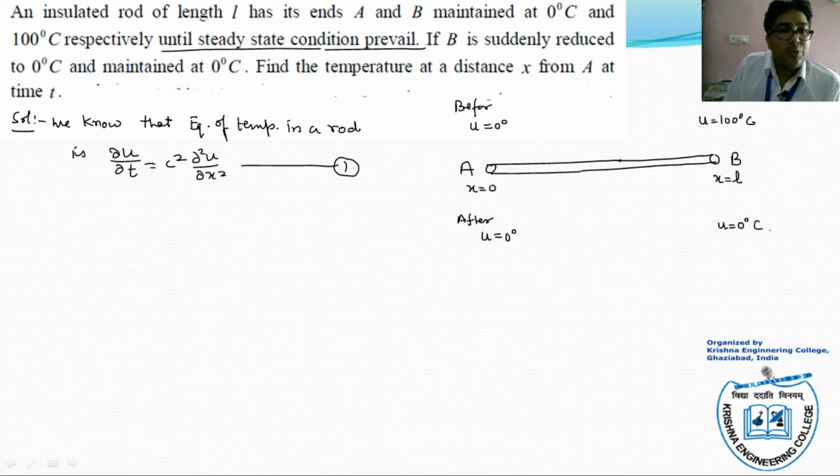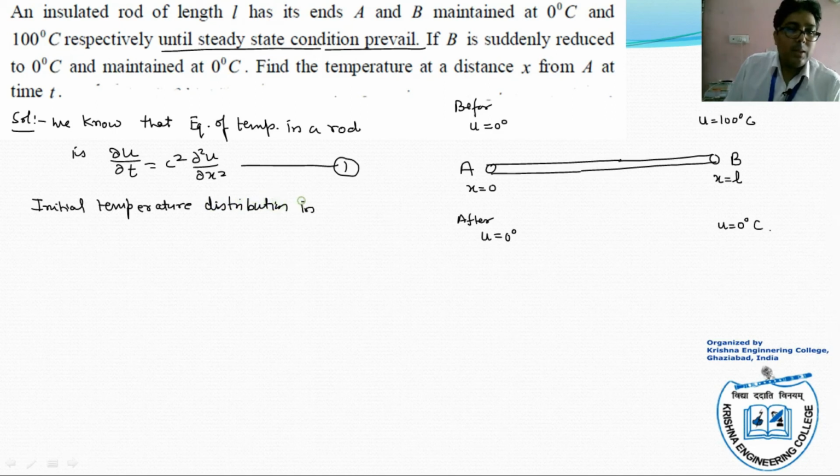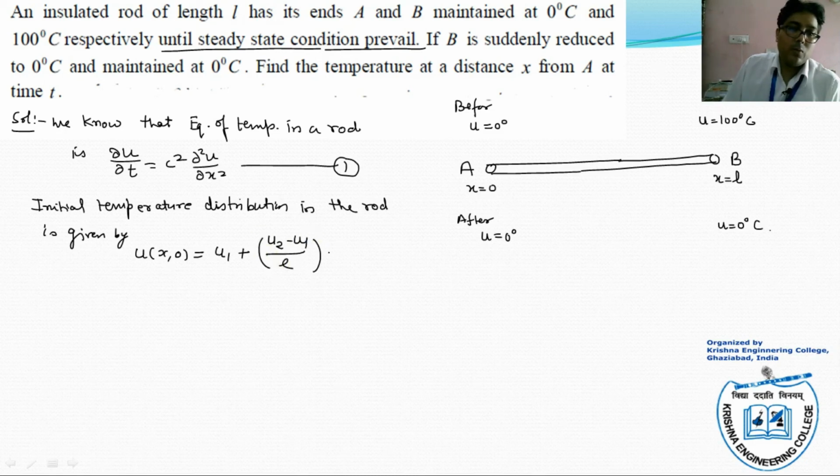Here the initial temperature distribution in the rod is given by the previous formula we discussed: u(x,0) = u1 + ((u2 - u1)/L) into x.